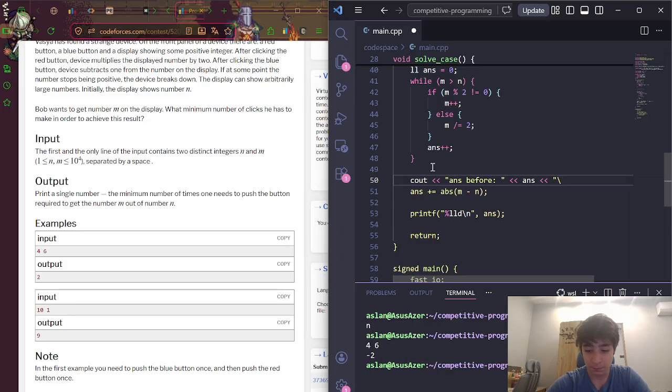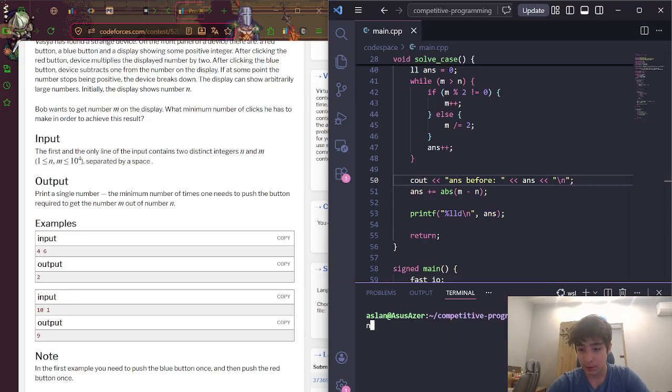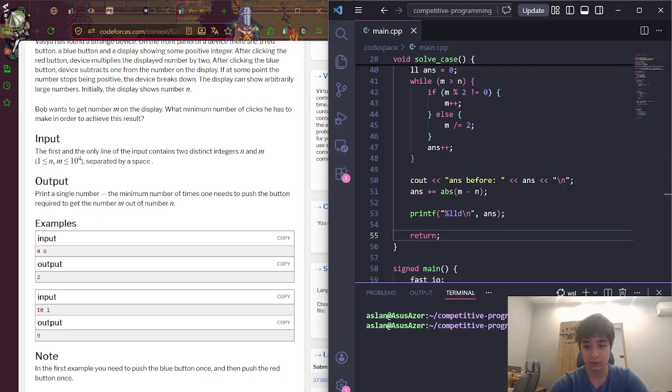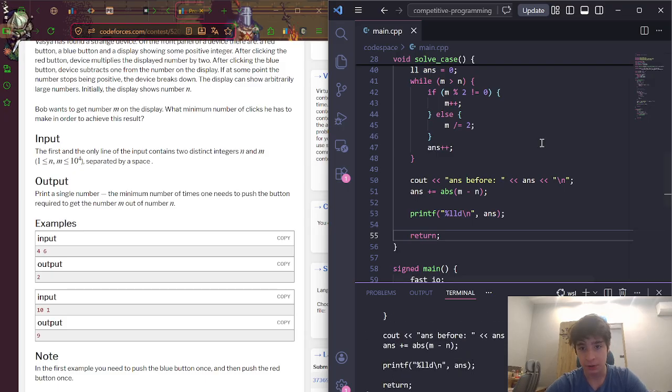Okay, so I'm sorry, so it's like this. Compiling our file, then running our file. Wait, something is very wrong. No, it's not.